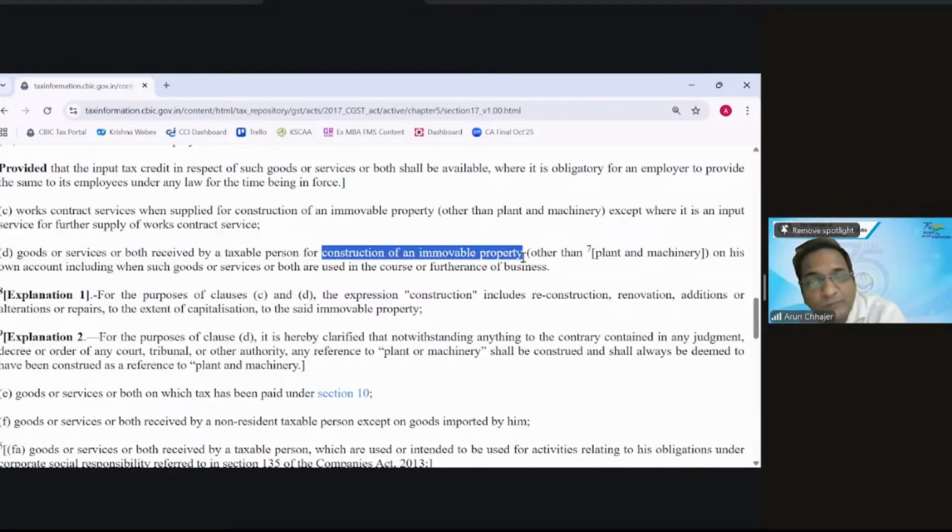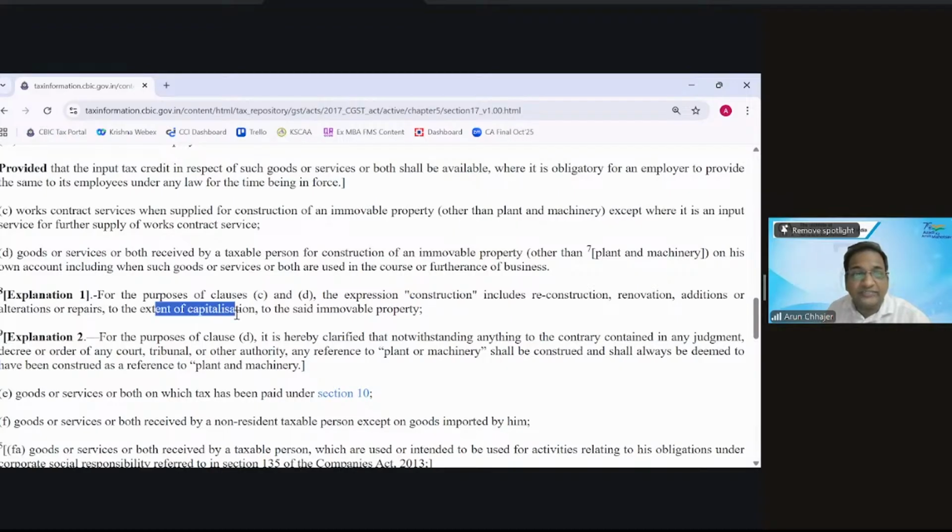Why am I saying so? It is not the construction. Because construction means capitalization.